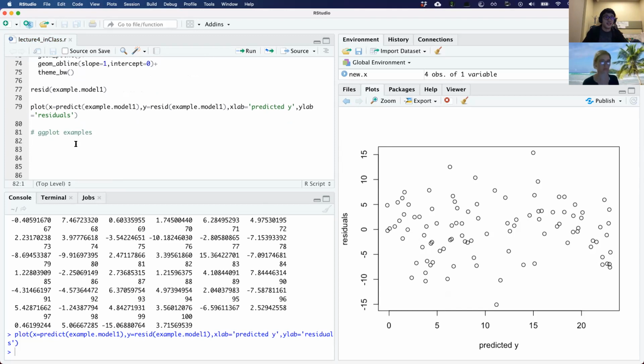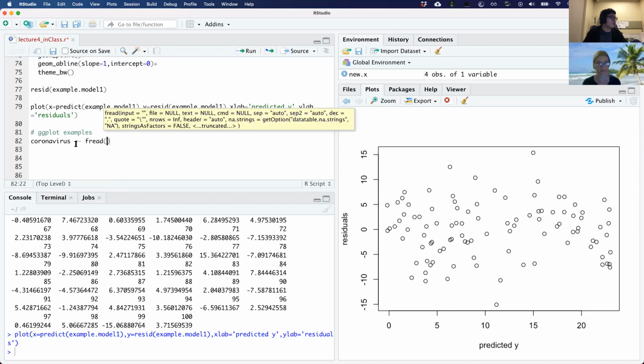So I am going to use a data set on the coronavirus as our example for data visualization.